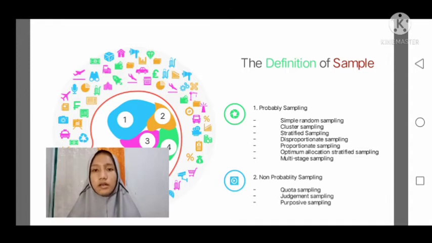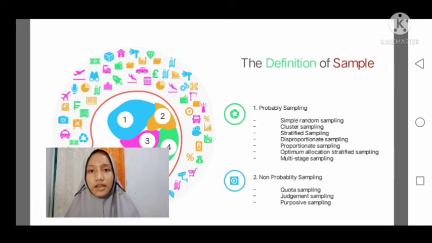Okay, for the second types is non-probability sampling. In non-probability sampling, the population units can be selected at the discretion of the researcher. The samples will use the human judgments for selecting units and has no theoretical basis for estimating the characteristics of the population.